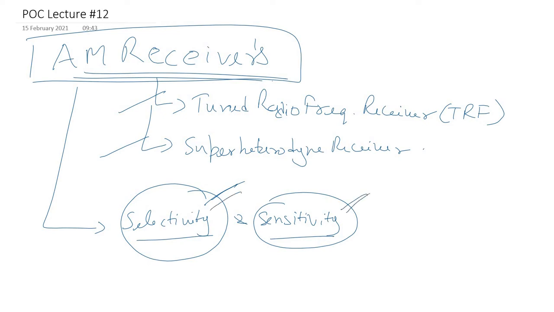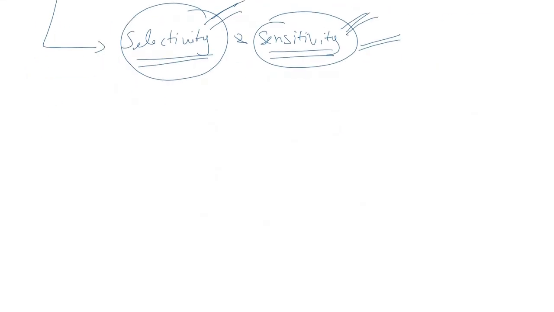Selectivity is selecting the right signal, and sensitivity is extracting the information exactly from the selected signal. These two are very critical characteristics for any communication receiver. We'll discuss these two in detail in the later part of this topic. We'll begin with the first type of receiver, the tuned radio frequency receiver.